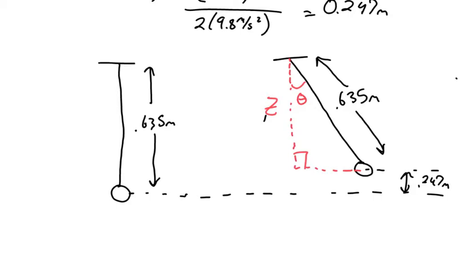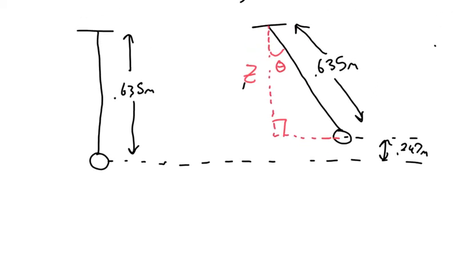So I can use that to figure out what Z would be. So now Z is going to equal 0.635 meters minus 0.247 meters, which is 0.388 meters.